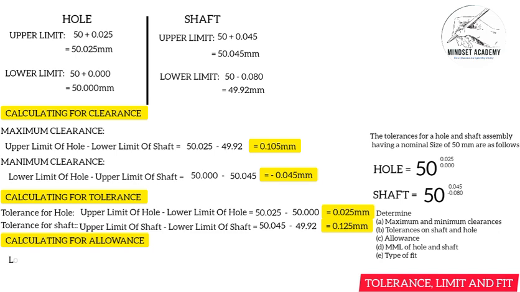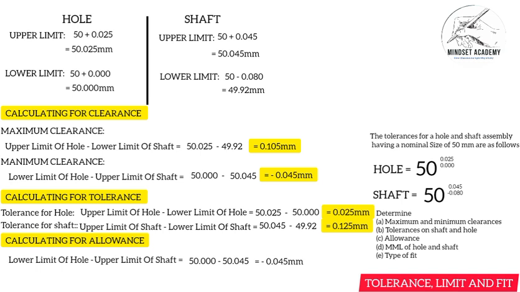So the maximum metal condition of the hole is the lower limit of the hole, minus the minimum metal condition of the shaft, which means the upper limit of the shaft. So that will give me 50.000 minus 50.045. So we're having this to be 0.045 millimeter, right? That is for the allowance.